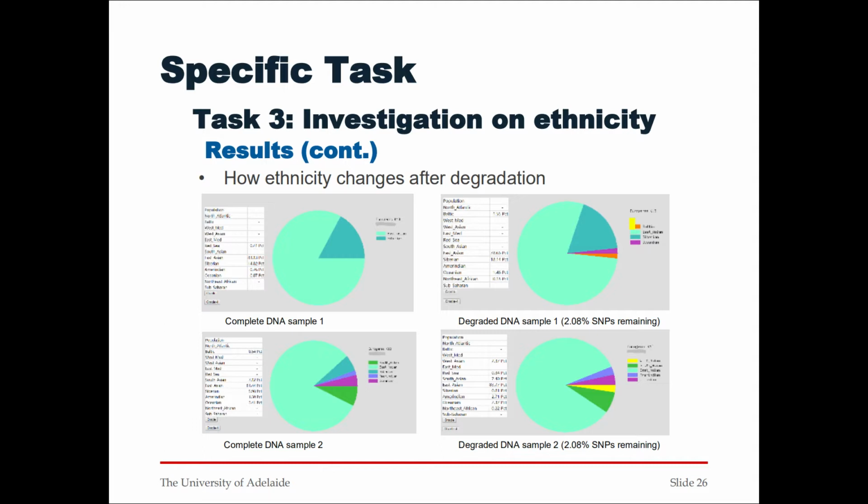As we can see, there is no obvious change in the major ethnicity proportions after the DNA samples have been degraded to Somerton Man's DNA level. This provides some evidence to support that the Somerton Man's ethnicity report is somehow reliable.